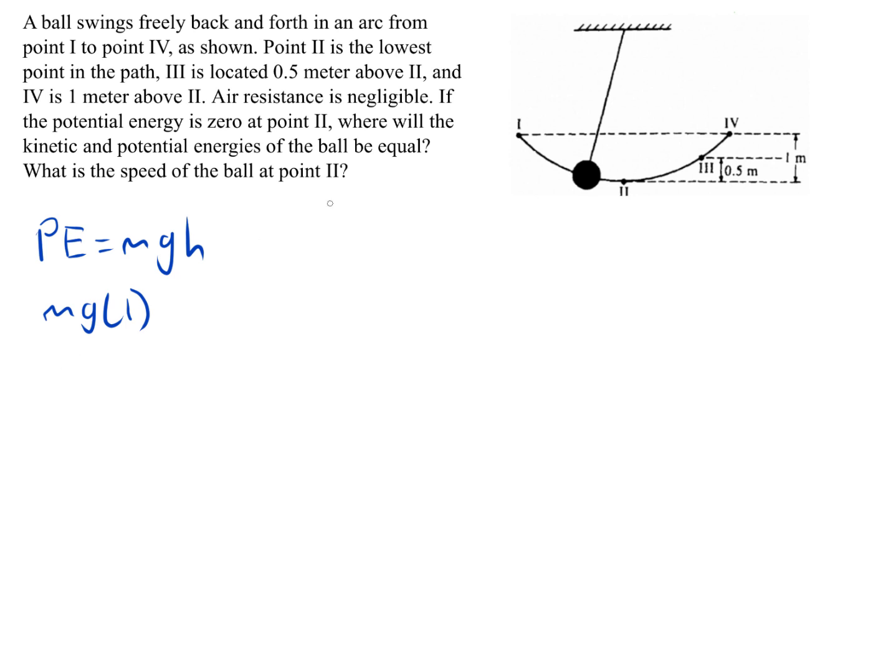And then when it's at point 3, you'll notice that the potential energy gets halved. It's 1/2 of this value. So at point 3, half of its potential energy will be converted to kinetic energy.